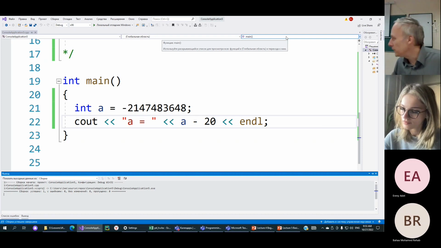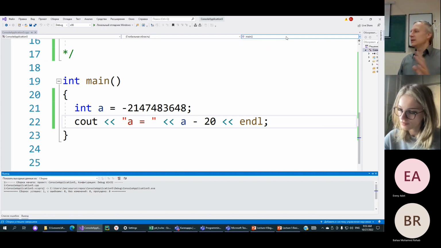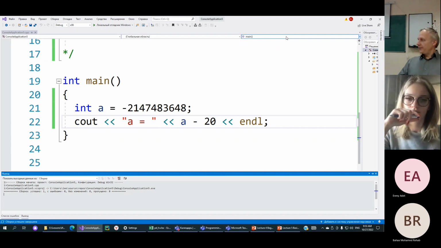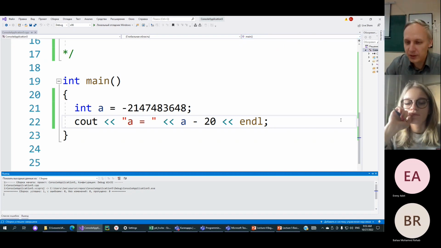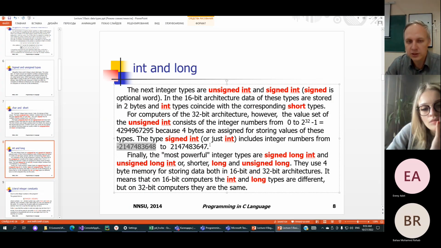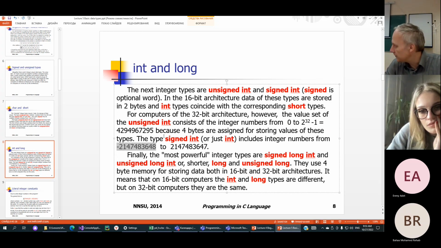Of course, in the programs that you will consider in practice, you will always work inside this range. But for the future, you should always keep in mind that there is a range of representation. This example corresponds to the type int. This type is signed. It means that for the signed type, I can store both negative and positive numbers.